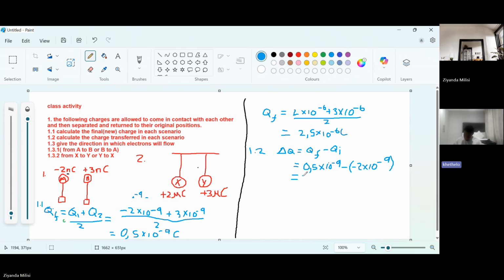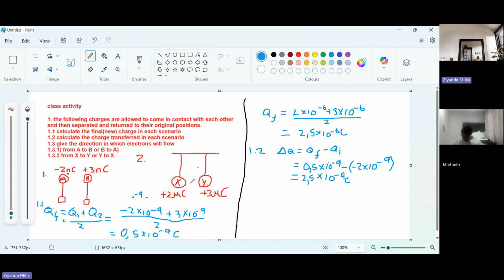So 2.5 times 10 to the power of negative 9 coulomb.